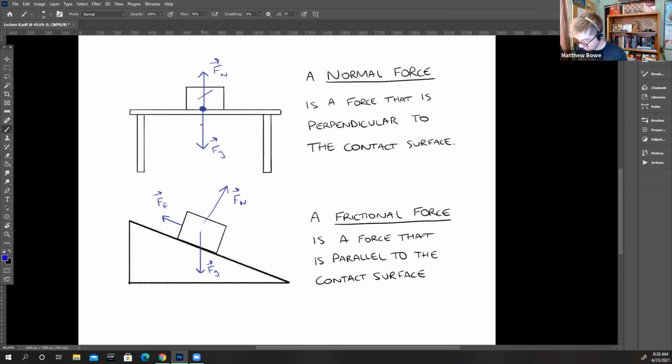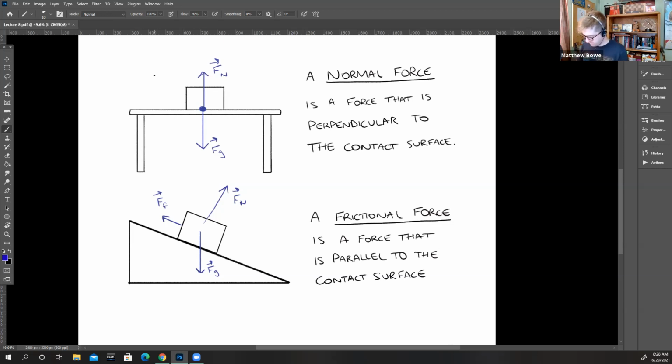So in a sense, they cancel each other out, and so there's no net force acting on the block for this top example. That's because they're pointing in opposite directions and they are the same size.